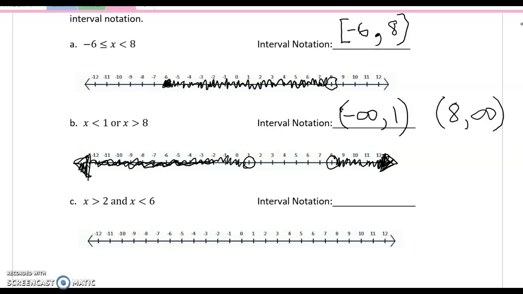But because we want both of these as part of our solution, we connect these two interval notation setups with this symbol, this big capital U, which represents the word union. Union means together, so we want both of these interval notations together to make up our final answer.